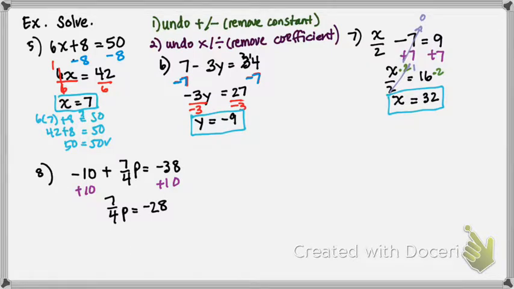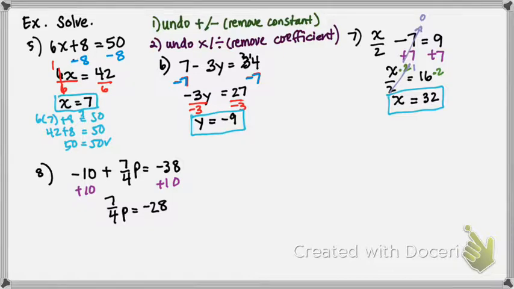Now, here's the part where, believe me, trust me on this one. If I want to get rid of a coefficient that is a fraction, I can do it in 1 step. I could do it in 2.